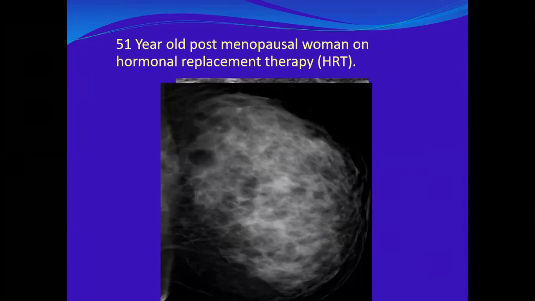Hi, Dr. Rabab. I can see a small dense lesion in the outer part of the breast. Dense lesions. For us, we said either a mass descriptor or asymmetry. So you are talking about a mass or asymmetry? For me, it's a mass.